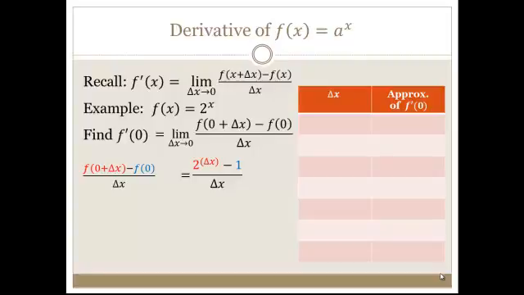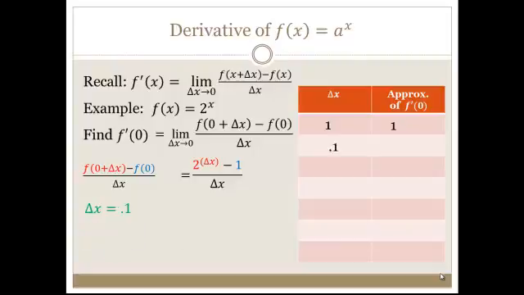So in calculating our approximations for f prime of 0, we need to compute 2 to the delta x minus 1 all over delta x. Let's start with delta x equals 1. Here we have 2 to the 1 minus 1 over 1, which is simply 1. So our first approximation for f prime of 0 is 1.